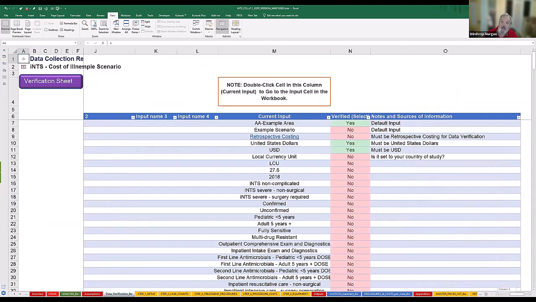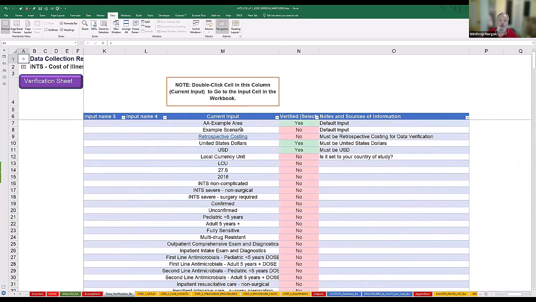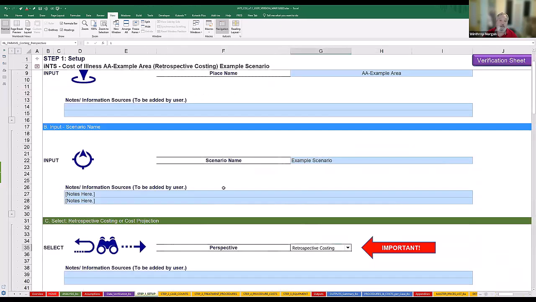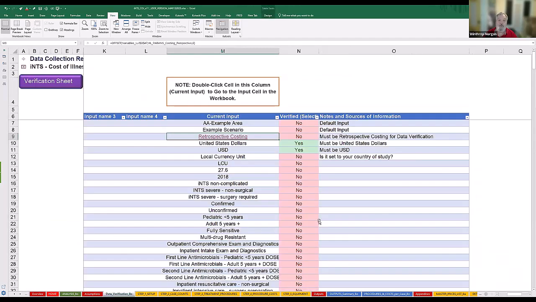And then you have the current input for all of them. And this is where you can review and say, yes, I verified that, or no, I haven't verified that, right? And so this will allow you to go directly to the place in the tool where you want to go to make sure that you can change things if you need to. That's just a little helpful thing for you to have.